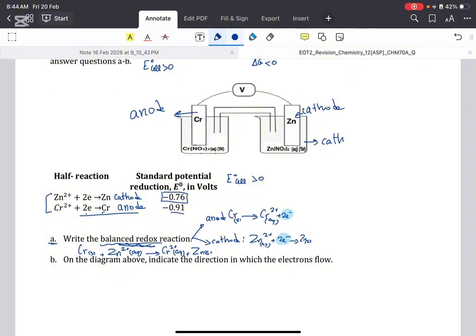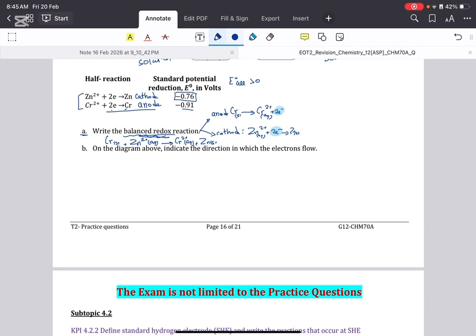So this is the cathodic solution or cathode compartment, and this is the anodic solution or anode compartment. Now on the diagram, indicate in which direction the electrons flow: they go from the anode towards the cathode, or I can simply do it like that for the electrons.